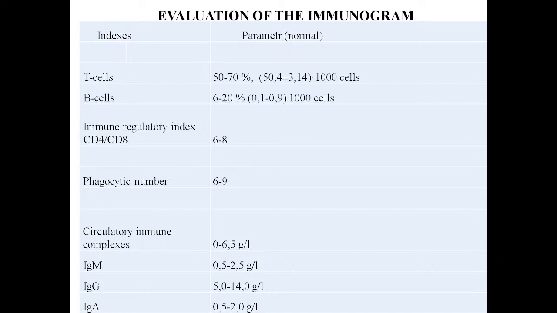Actually, a full immunogram is bigger. We will talk about it in the practical class. For example, index of T cells, amount in percent and absolute amount of B cells, the ratio of CD4 to CD8, phagocytic number, then circulating immune complexes. You remember that they are detected in hypersensitivity type 3, then amount of IgM, IgG, IgA. And we should compare these parameters with normal parameters. We will do these tasks in class.